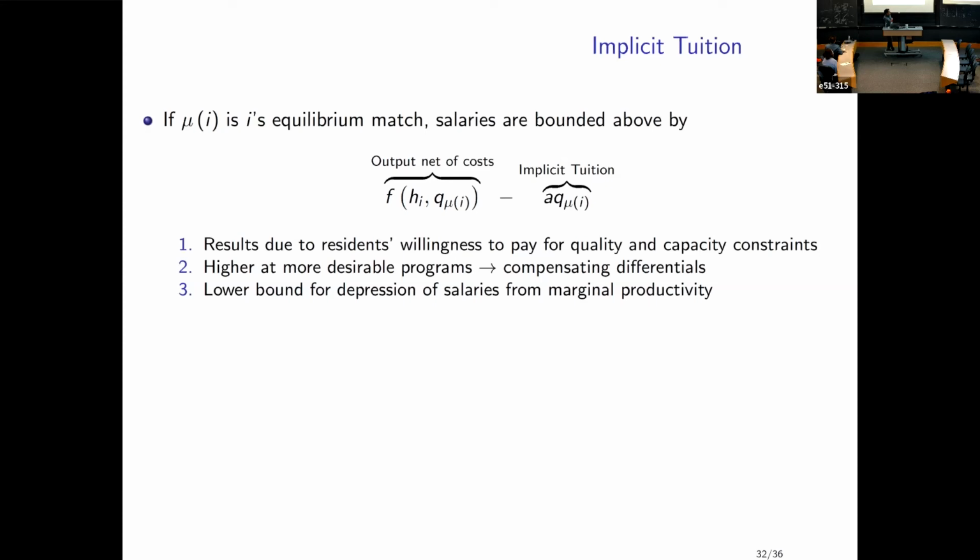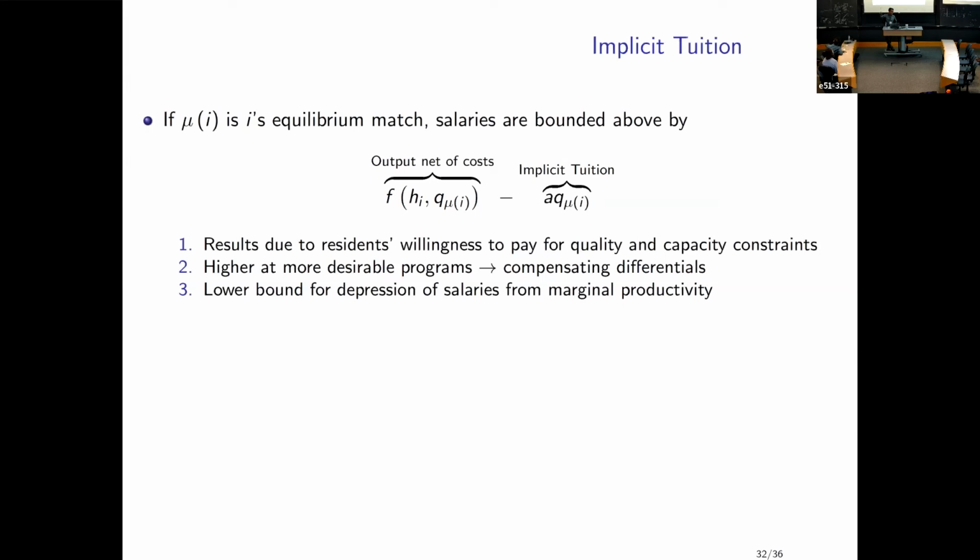And you can show that in any competitive equilibrium, salaries are going to be marked down by this much. So the markdown at MGH is going to be the highest relative to the output. And the markdown at the lower quality programs is going to be close to 0.